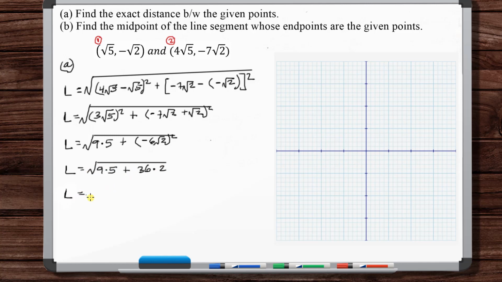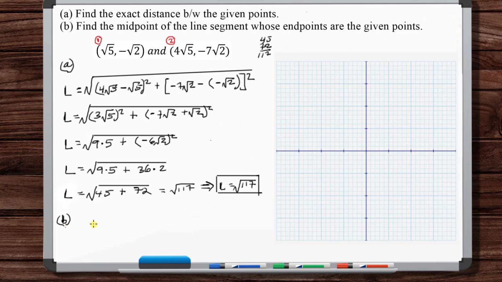Okay. So 9 times 5 is 45. 36 times 2 is 72. Okay, this is equal to 45 plus 72, which is 117. So L is equal to the square root of 117.